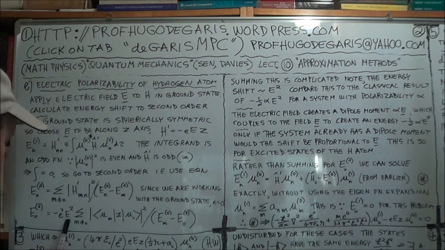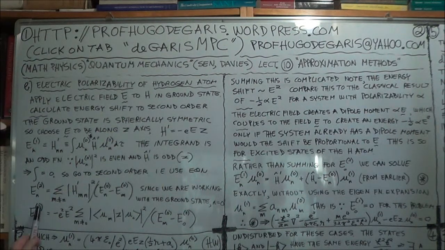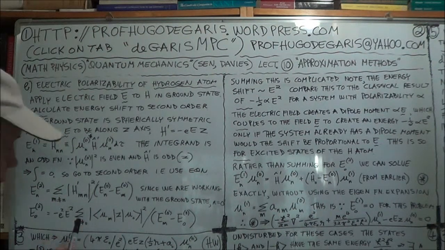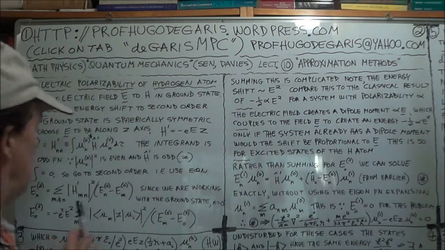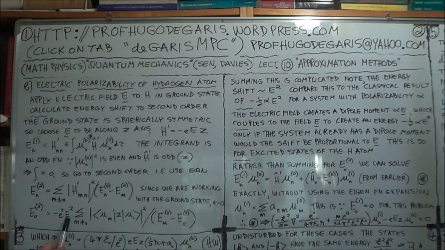So the energy correction E2, the E's here, E energy and the E here, don't confuse them. The E here is the electric field. And the energy shift E2 is proportional to the square of the strength of the electric field, E.